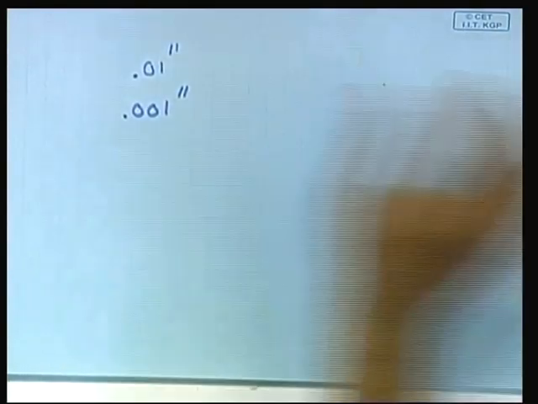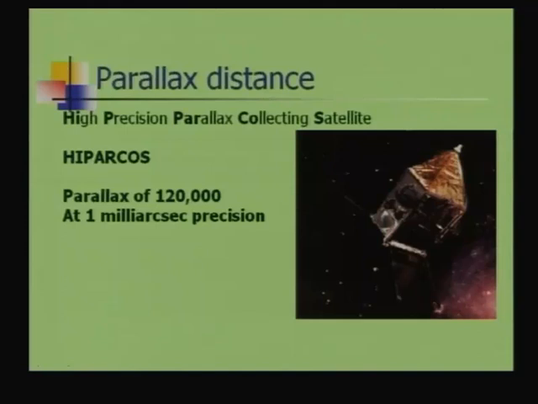And using Hipparcos, it has been possible to measure parallax distances to 120,000 stars. So you now have a catalog of 120,000 stars for which the parallax distance has been measured.